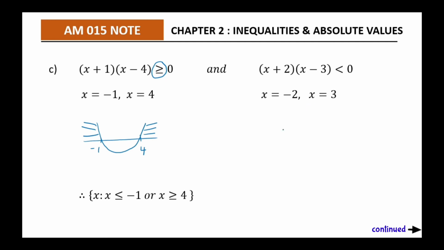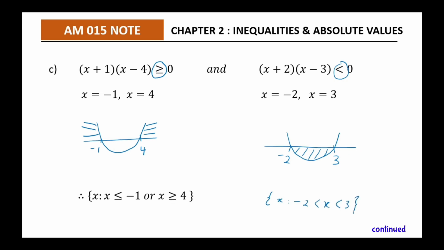And for this one, x = -2 and x = 3. Less than 0 means inside the graph. Then the answer is between -2 and 3.